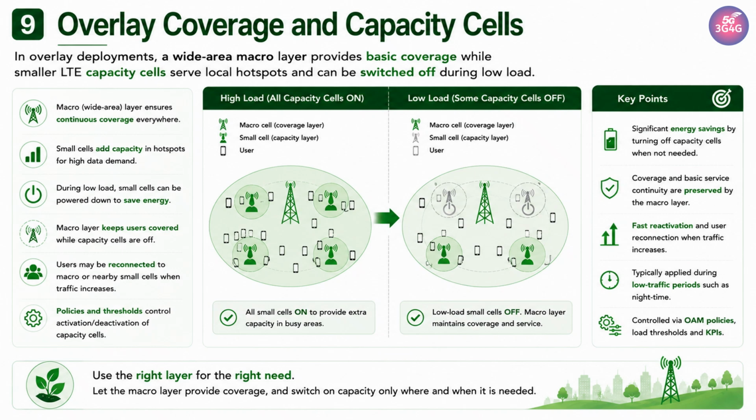The smaller cells are activated only when extra local capacity is needed. Again, the key is control. The network has to decide when to switch off a capacity cell, when to wake it up, and how to ensure that users are moved smoothly between layers. This is a very important concept that continues into later network design. Use the right layer for the right purpose.